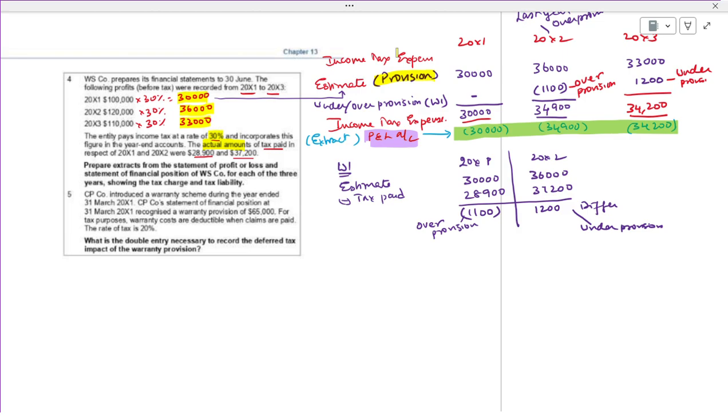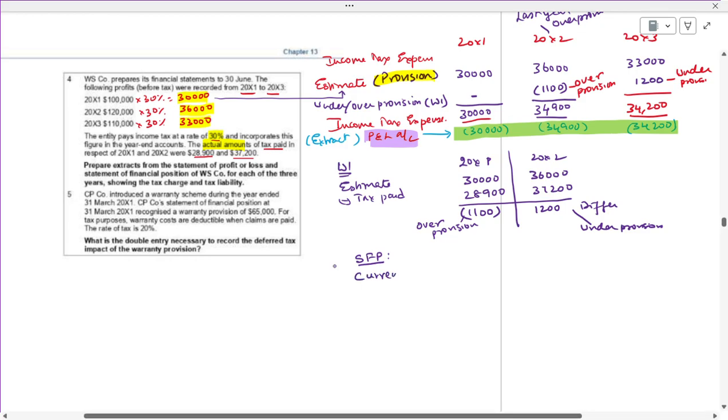In the statement of financial position, we will calculate current liabilities. We will say it is a current liability.